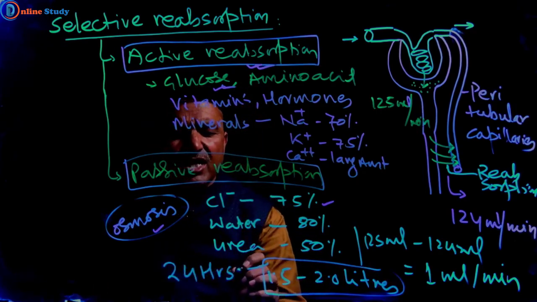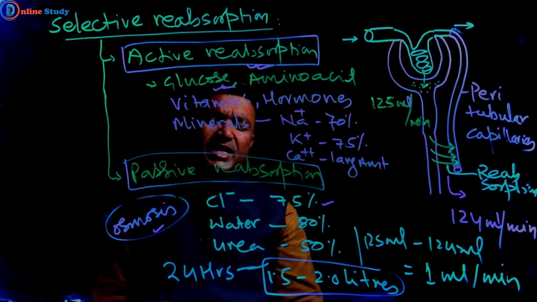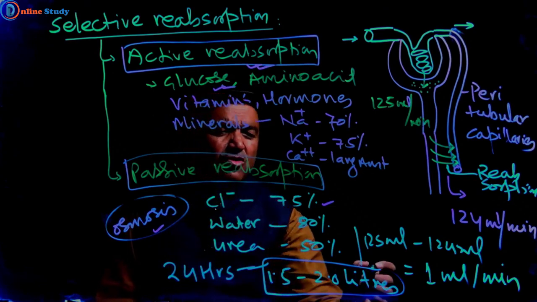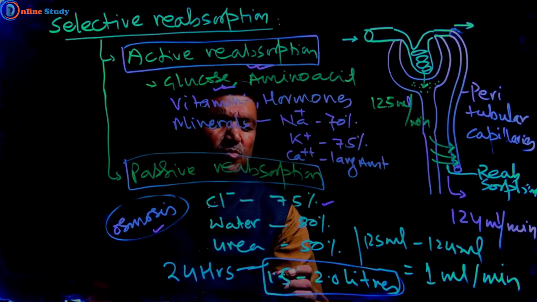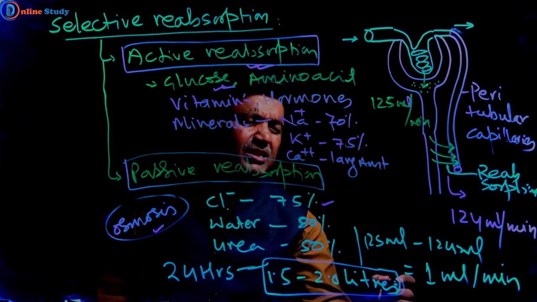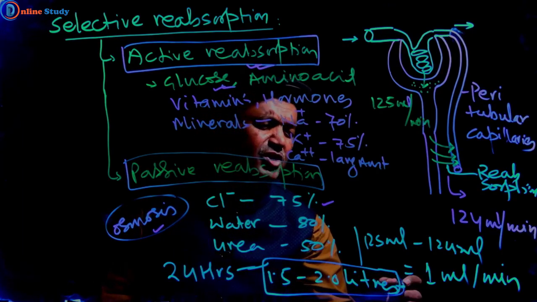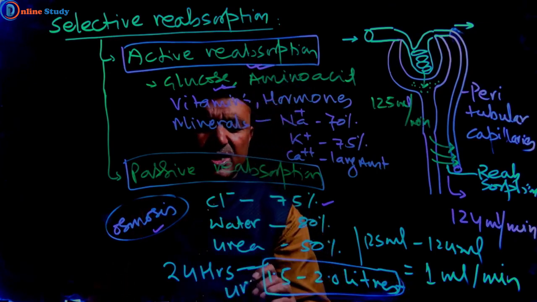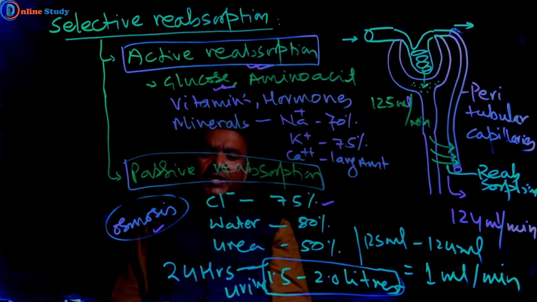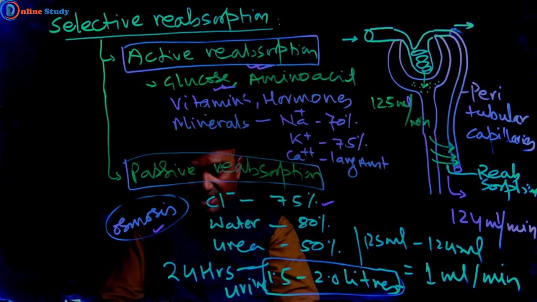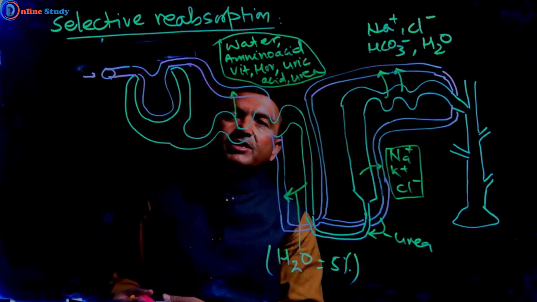Generally in a normal human adult, the amount of urine formed is 1.5 to 2.0 liters. So this is called selective reabsorption. Now we see selective reabsorption further steps.